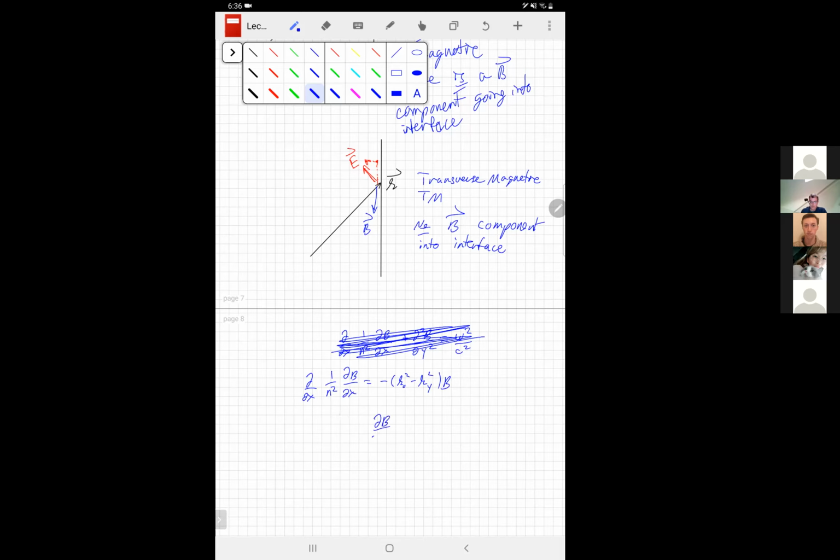Partial B by partial y is i ky B. And so we could say that minus ky squared B is equal to partial squared B by partial y squared.